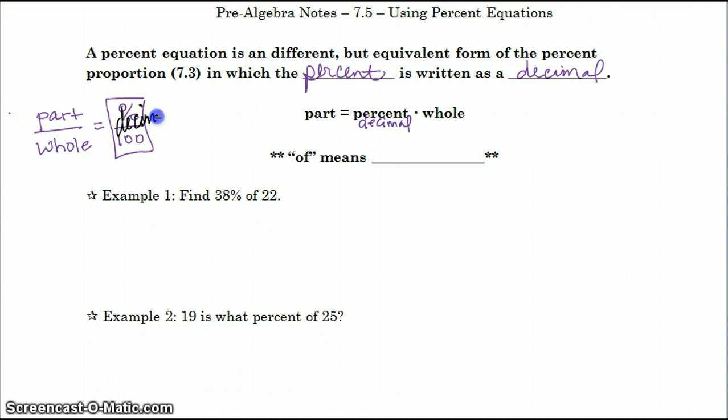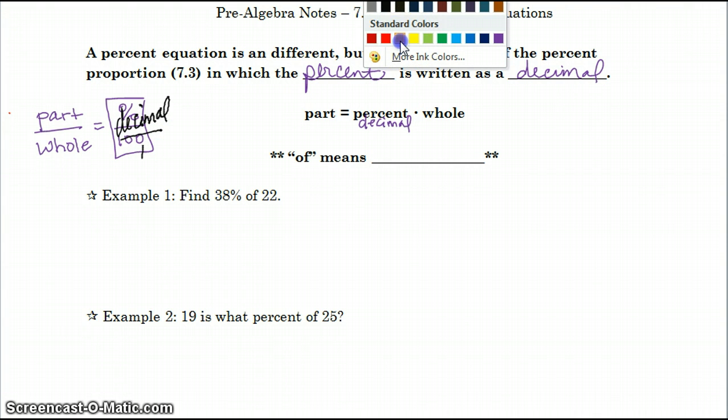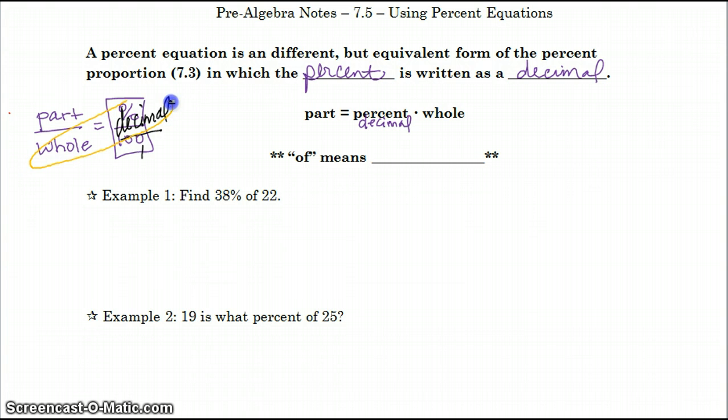Let's say we have a decimal answer here. Well, the decimal is going to be understood over 1. So when we cross multiply, whole times the decimal form of the percent equals part times 1. So part equals the decimal form of percent times whole.